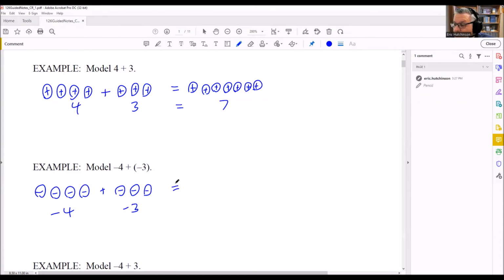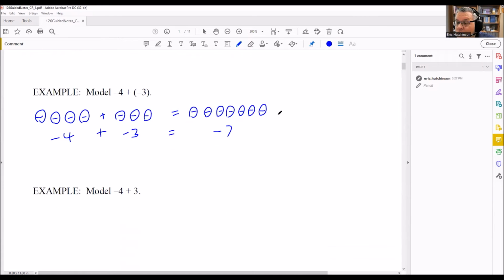If we put all these together, we get 7 circles again because you're just adding those together. 4, 5, 6, 7. But all of these this time are going to be negative. So if you add that together, we have 7 negatives, which means that represents negative 7. And that would be your answer for that one.